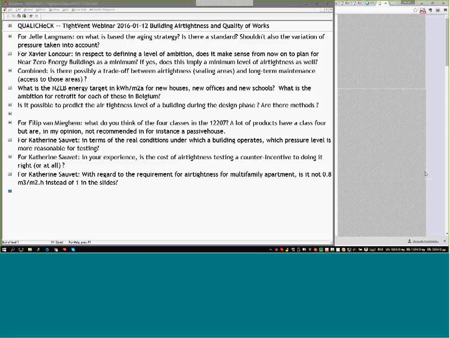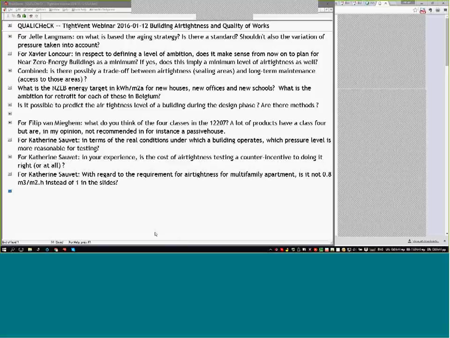But the rule for the moment for the multi-family apartment is 1, and for the individual housing it's 0.6. But after, for the positive energy housing, it will be necessary to reach 0.4. So it begins to be really difficult to go down there.